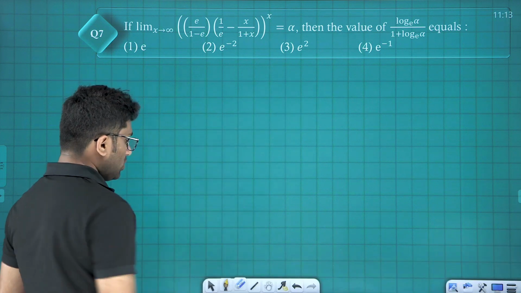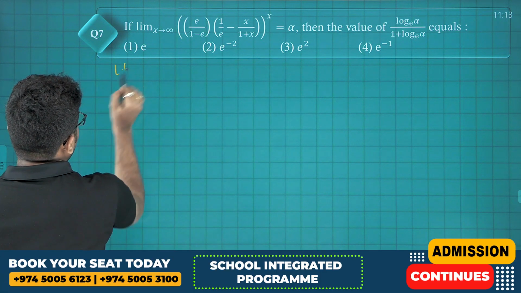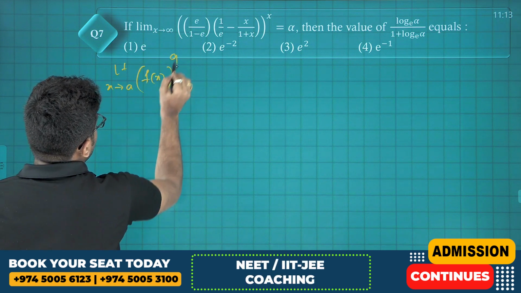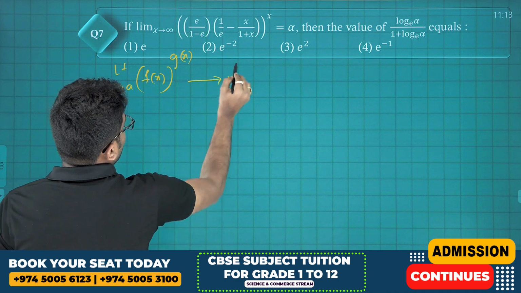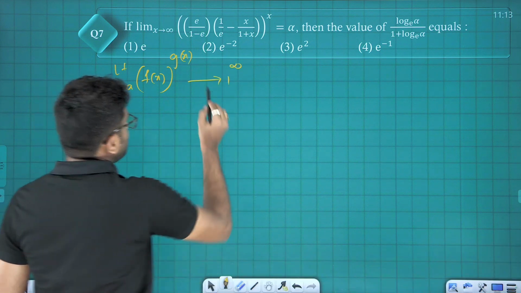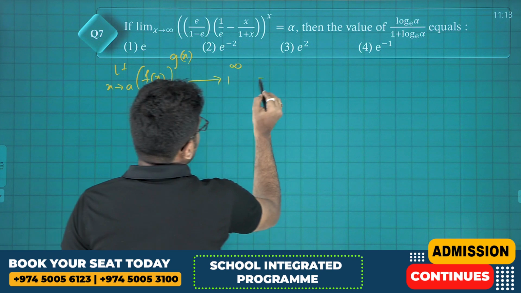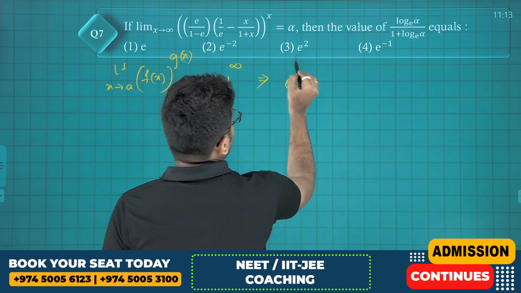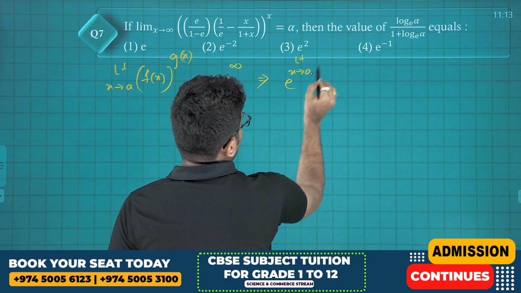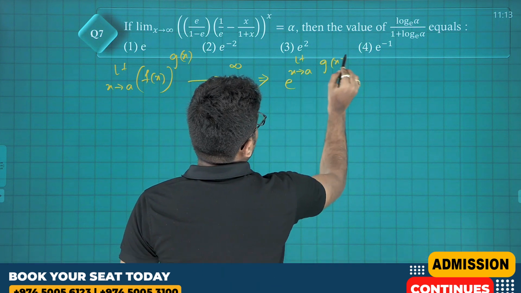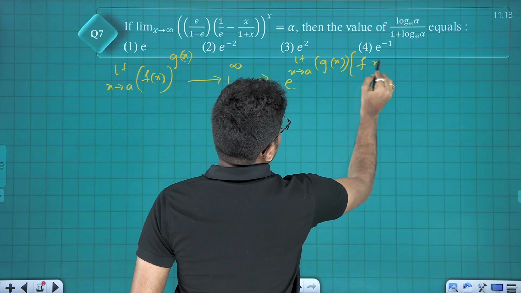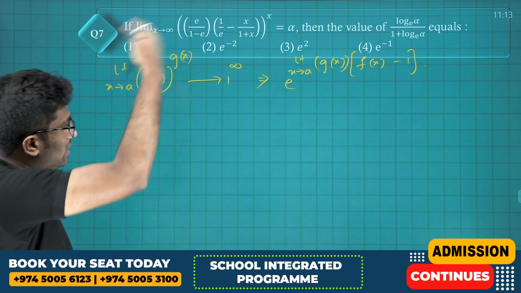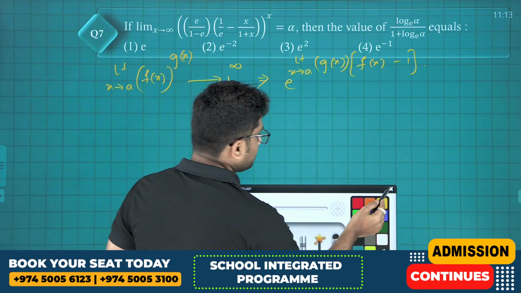Whenever you come across 1 power infinity, that is, limit x tends to a of f(x) power g(x) yielding 1 power infinity, the same is equal to e power limit x tends to a of g(x) into (f(x) minus 1). So everything will be written in terms of e powers.